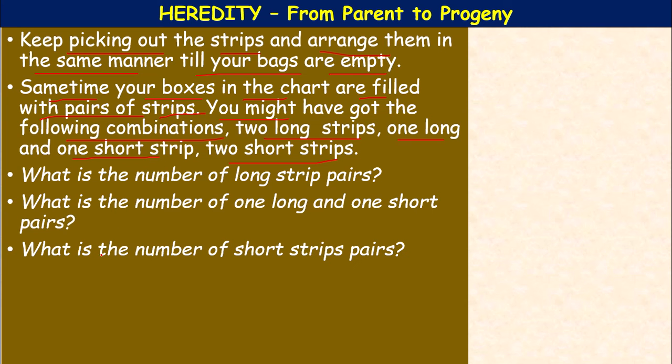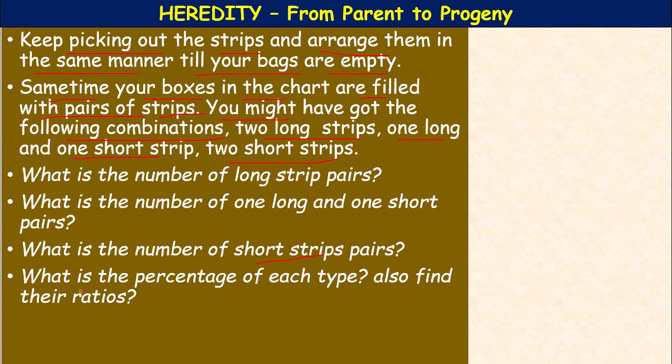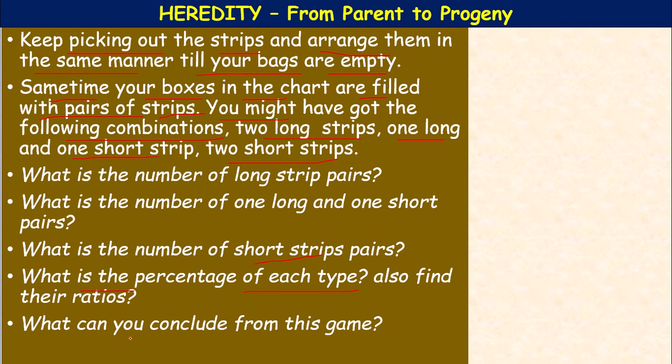What is the number of 2 short strips pairs? What is the percentage of each type? Also find their ratios. So, you will get the ratio, that is according to the law of dominance, 3:1 ratio.